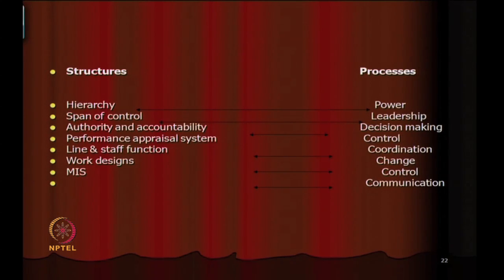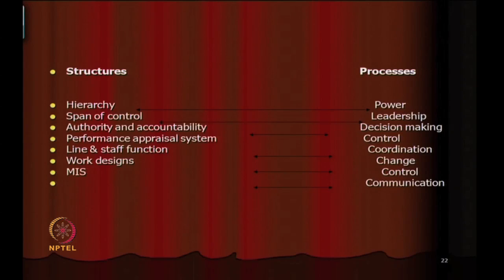With that, you will notice that there is a certain fuzziness around performance appraisal systems. At a certain level, it will be linked up with decision making. On a certain level, it is made up of control in terms of its linking up. Under the process, you have had 8 variables.